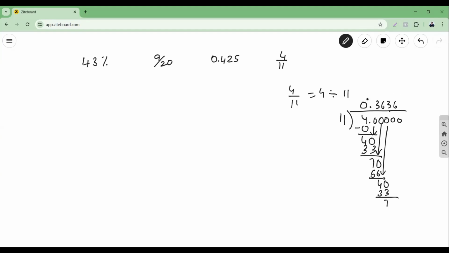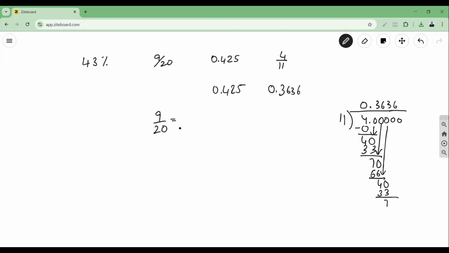So now I was able to find out that 4 over 11 is nothing but 0.363636, and it goes on like that. This is directly in decimal, so I will keep it as it is. Now, how would I convert 9 over 20 into a decimal? Decimal means it should have 10 or 100 or 1,000 in the denominator.